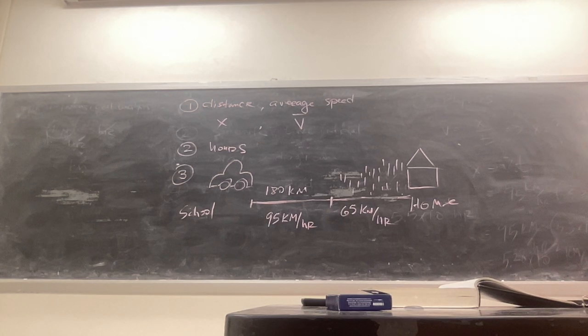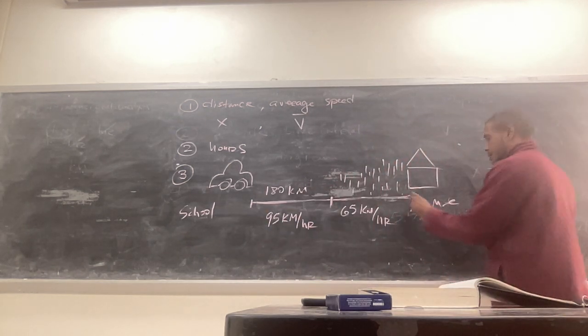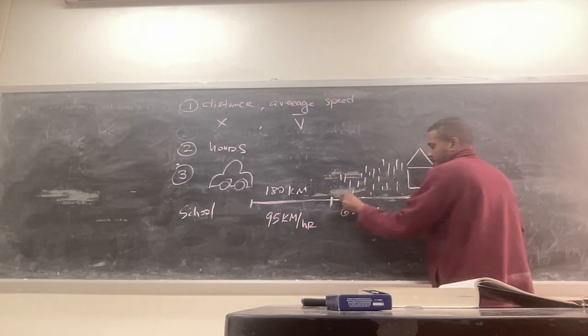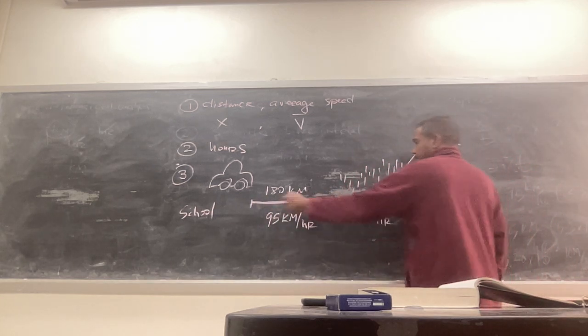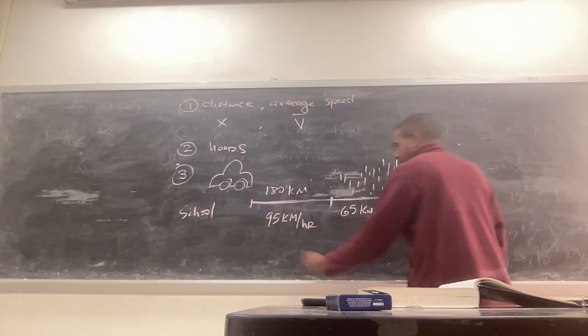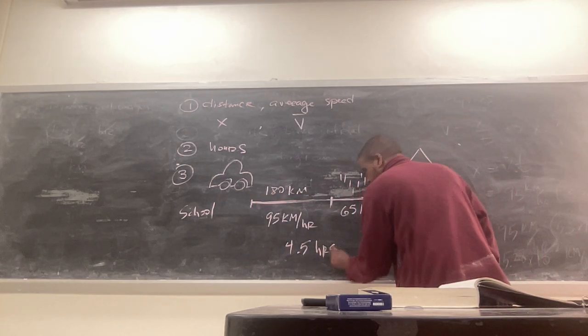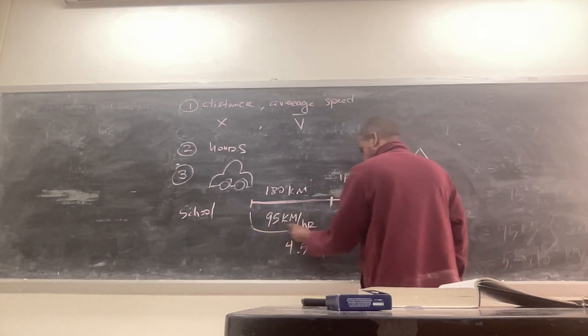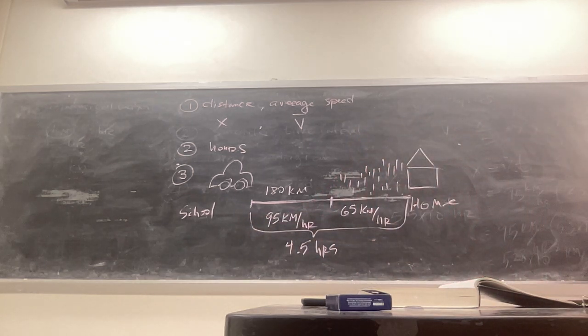You arrive home after 4.5 hours. So the total time takes what? 4.5 hours. So from here to there, 4.5 hours.